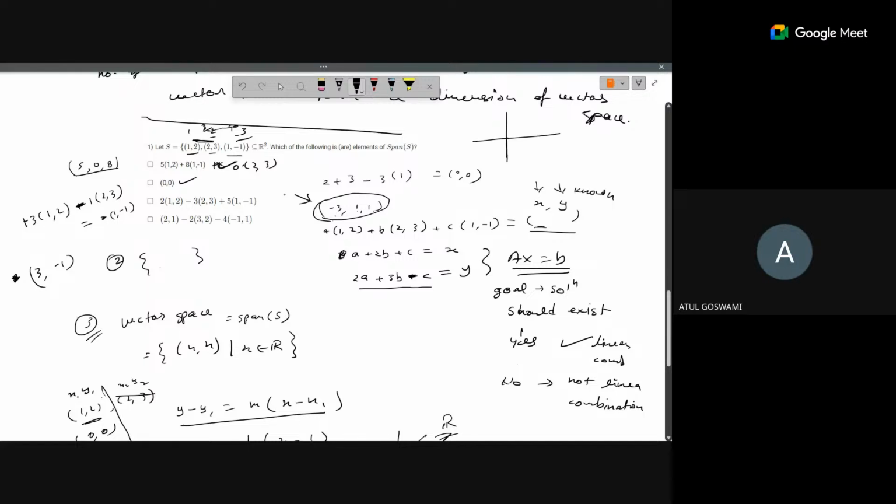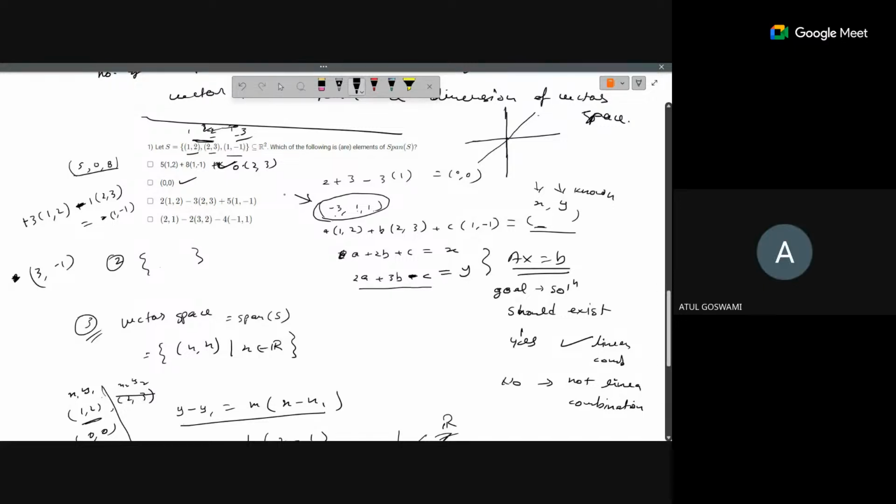This is R2, right? So what could be the vector spaces in R2? Line passing through origin. Only the line, right? Yes, I think so.